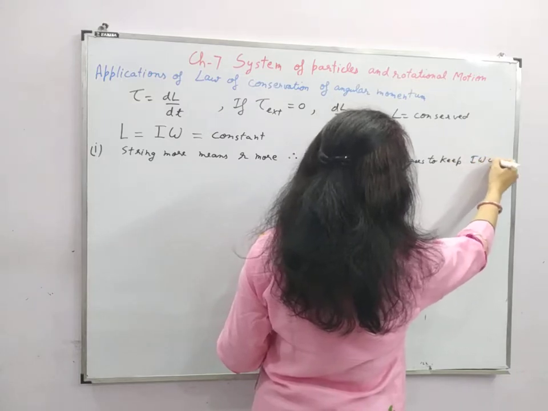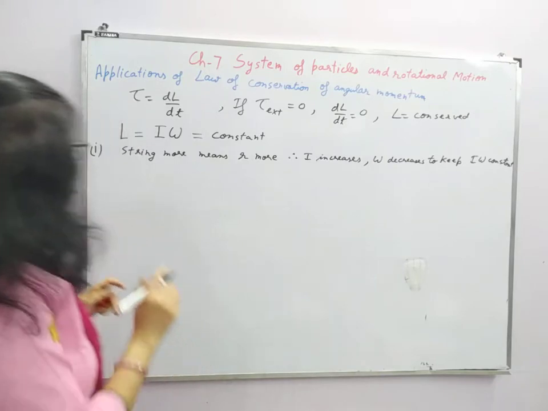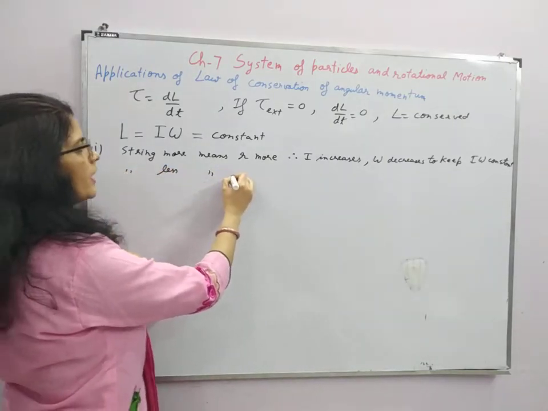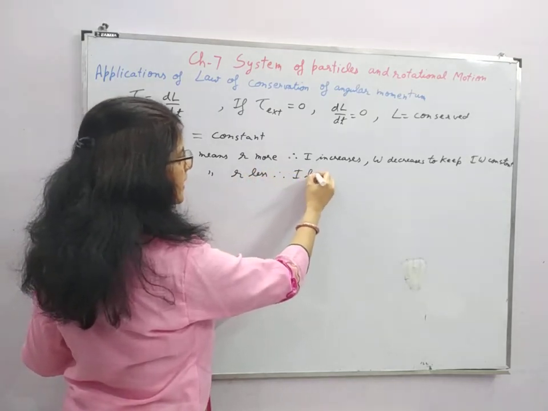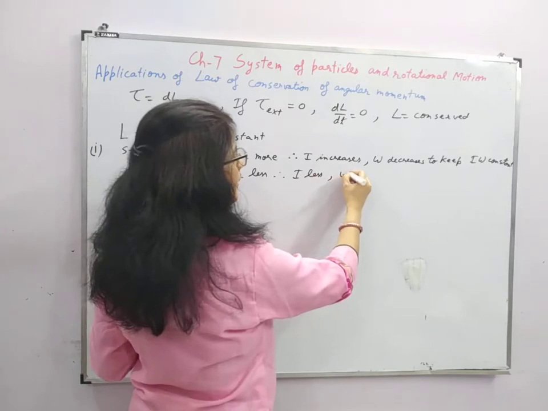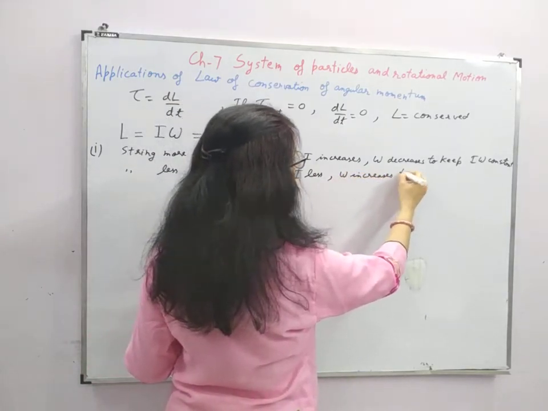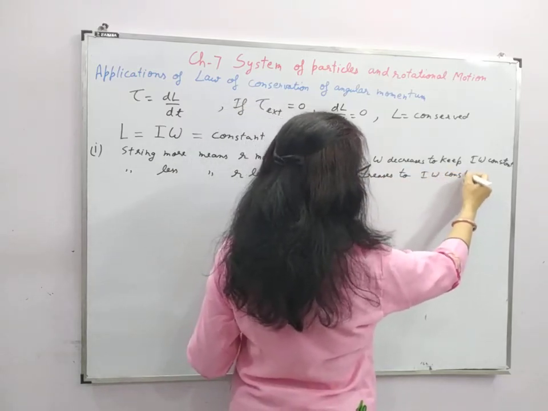Then omega decreases to keep I omega constant. But what happens when the string is shorter? R is less, so I is less. Therefore omega increases to keep I omega constant.